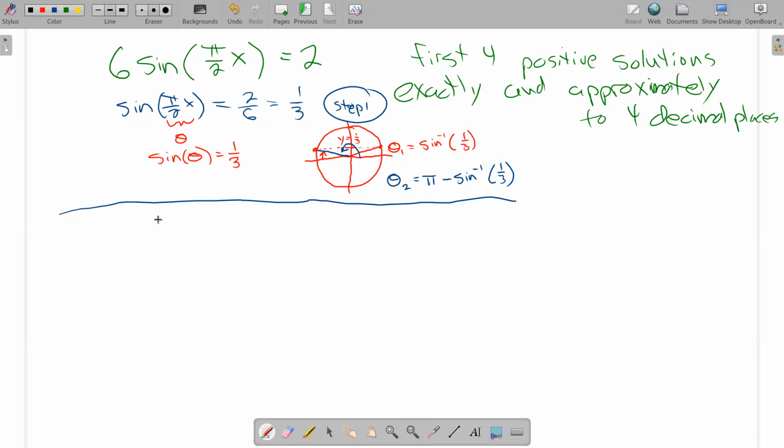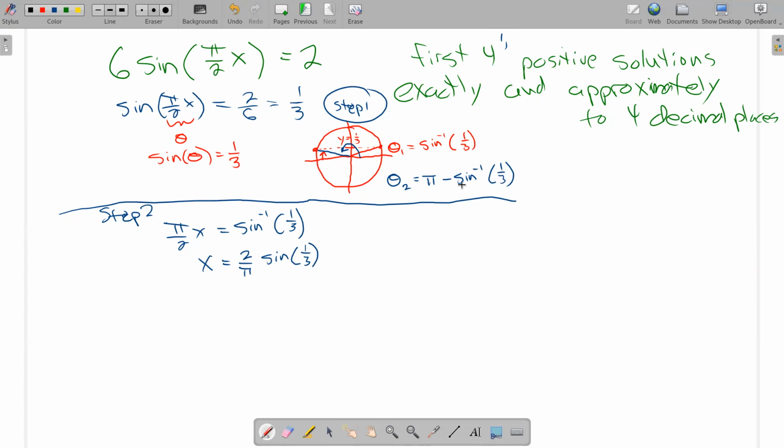So for my first solution, pi over 2 x equals the sine inverse, or arc sine, of 1/3. To get rid of a fraction, multiply by the reciprocal. So that means x is going to equal 2 over pi times the sine inverse of 1/3. Now that is a positive angle, so I have the first of those four positive solutions right there.